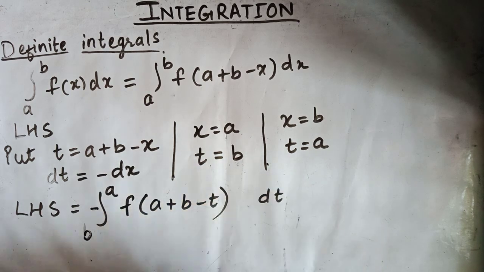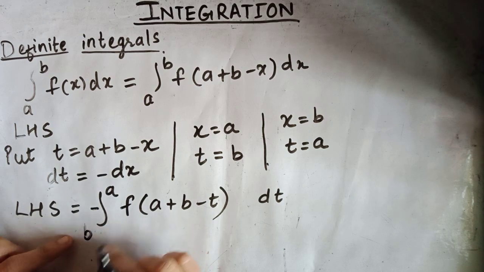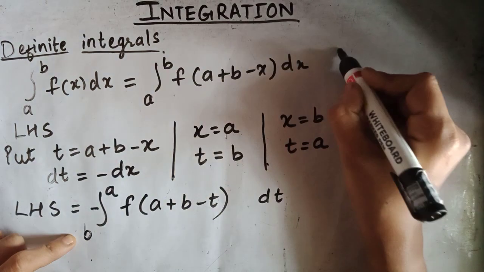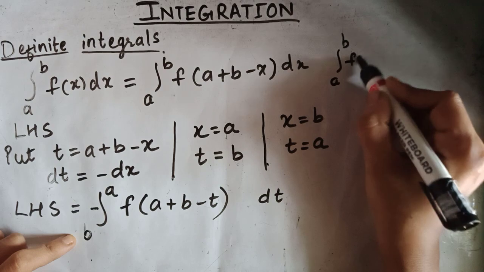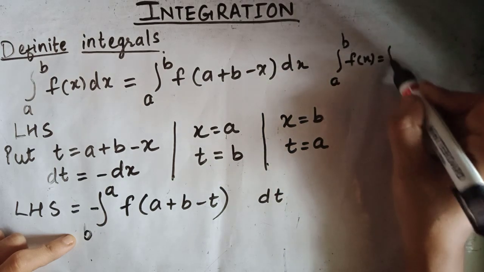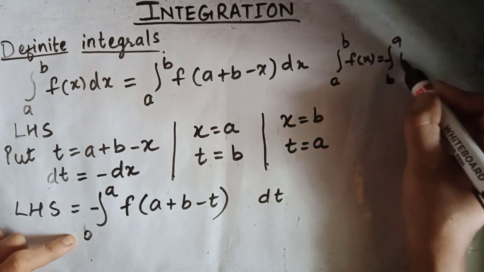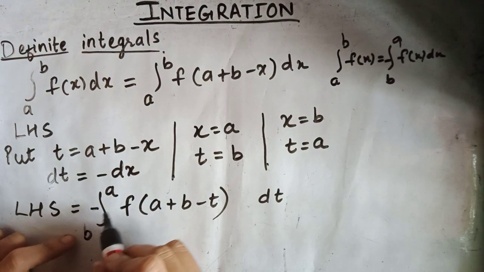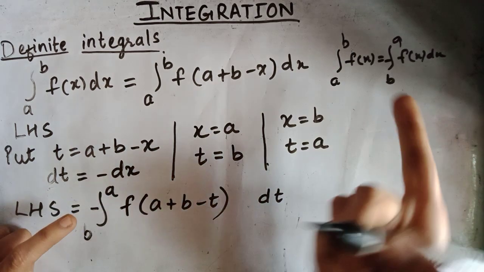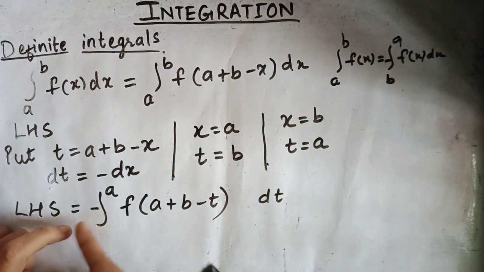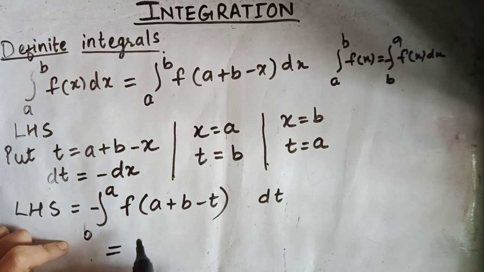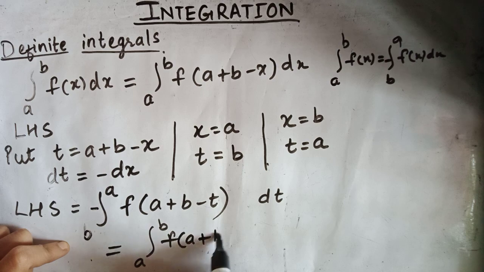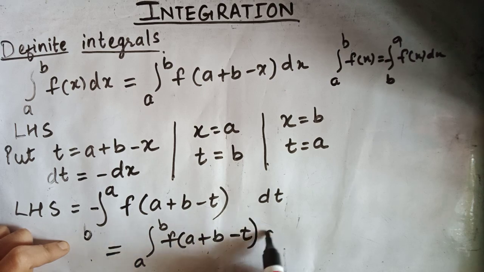So this will be b to a minus, so here you can apply the property which says integral a to b f(x) you can write as minus b to a f(x) dx. So you just have to change the limits and that minus sign will come, that minus and this minus will become plus. So this will be a to b f(a plus b minus t) dt.